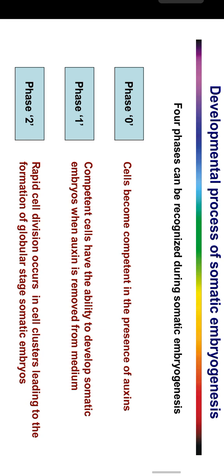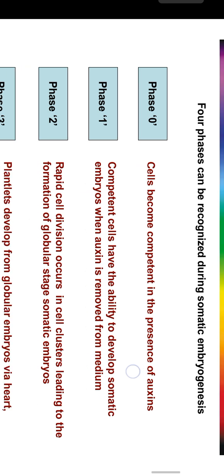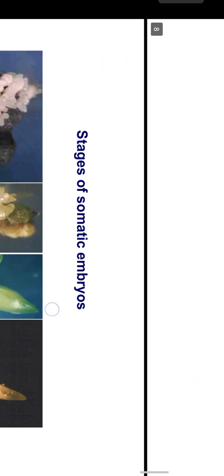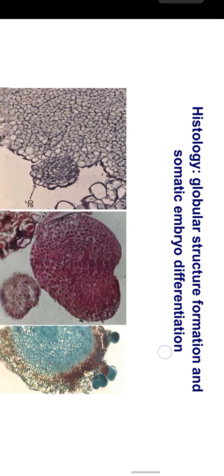Then the explant will start rapidly dividing among itself. Rapid division of cells will occur, and that rapid division will lead to a globular stage. Now let us see how the globular stage looks.